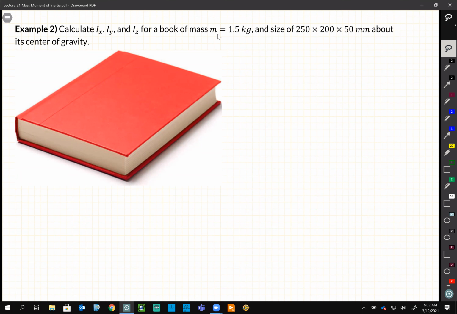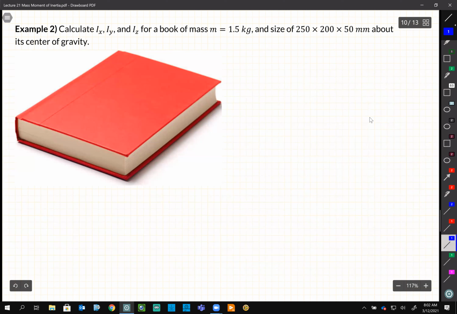So this is an example from last day, and you were supposed to solve it. I'm sure you did. I'm just going to quickly solve it so you can compare with my result.